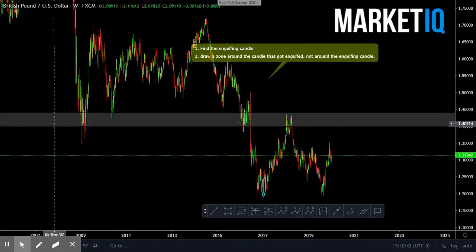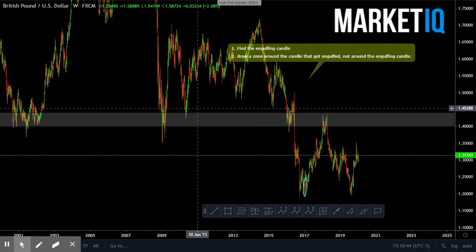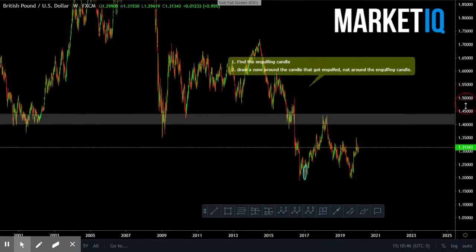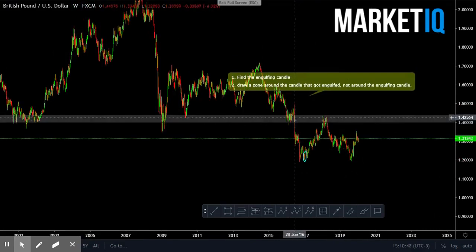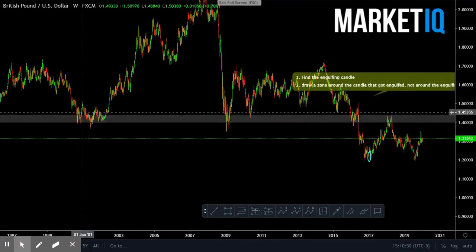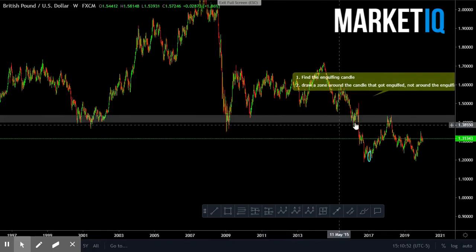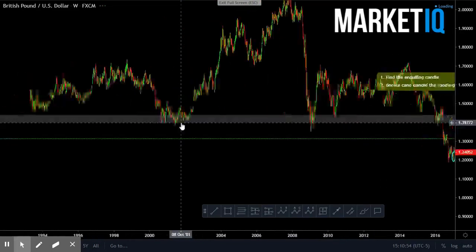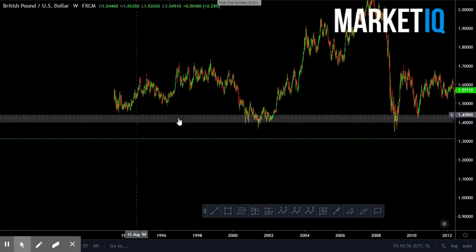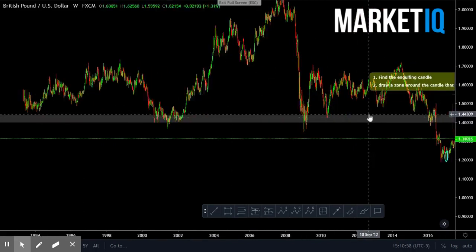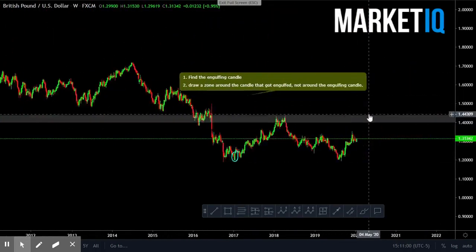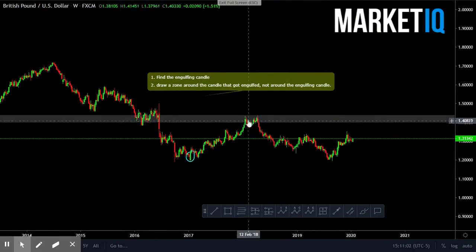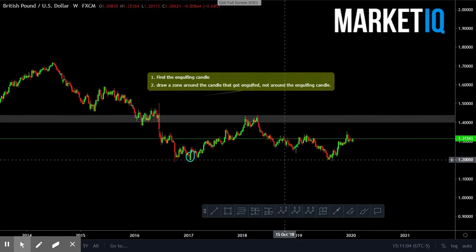So now we've got it going all the way across the chart. And you can see in the past, just from our analysis right there, you can see how well respected this zone is. You can see going all the way back to here, 1, 2, 3 major moves happened out of this zone. And again, one happened out over here as well.